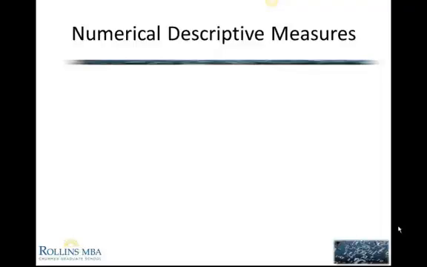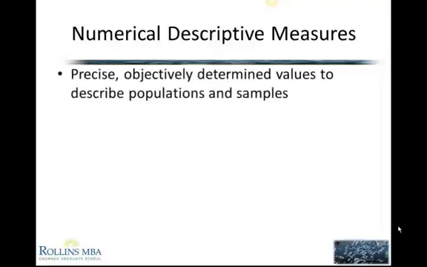We've spent time studying graphical ways of looking at things, and if you'll remember from that discussion, there are some advantages to a numerical measure. One is that they are precise, they're objectively determined, and they really help us describe in a very specific way what's going on in certain measures of our populations and samples.